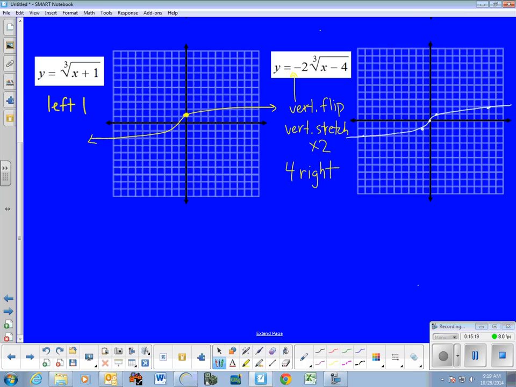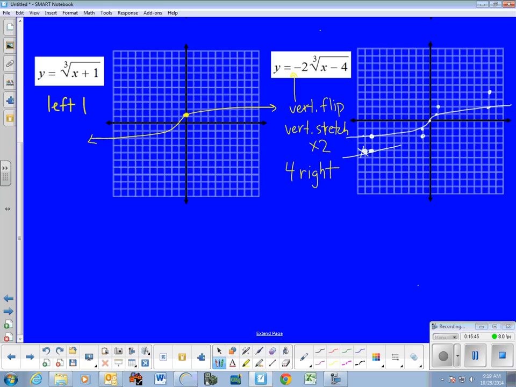So there's the original. We need a vertical stretch, a vertical flip, and 4 to the right. I want to shift it last. Let's do the vertical stretch first. 1 becomes 2, 2 becomes 4, 0 stays at 0, negative 1, negative 2, negative... that should be at 8, not 9.